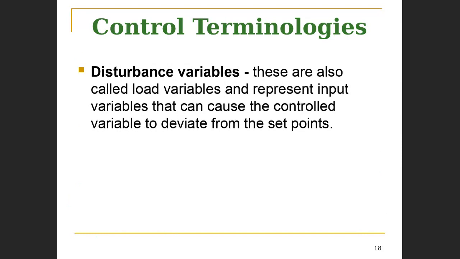Now, another terminology, disturbance variable, and I did use the term earlier. A disturbance variable is any variable that will cause the control variable to deviate from the set point.